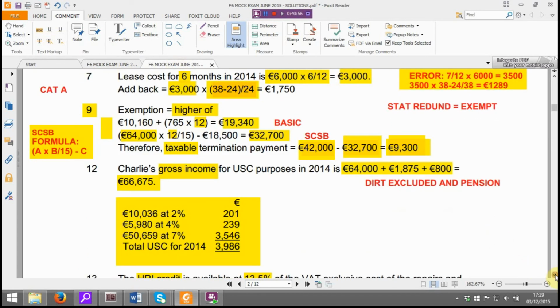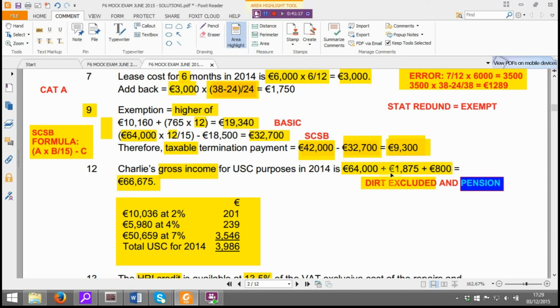We'll see from the answer that the gross income is basically these three items, which I think were the dividends, the rental income, and indeed the salary. DIRT income is excluded, and certainly the pension payment is not deductible. The only thing that would be deductible would be capital allowances.